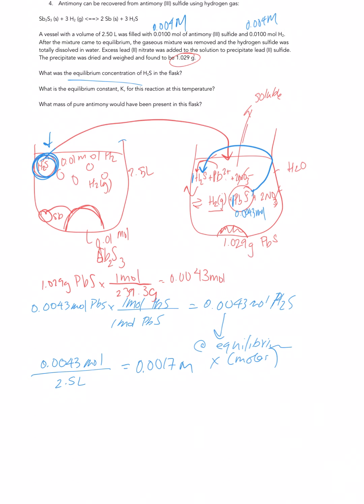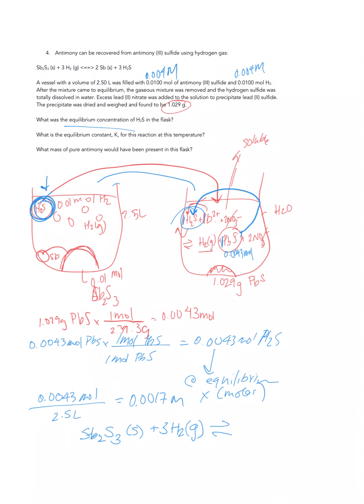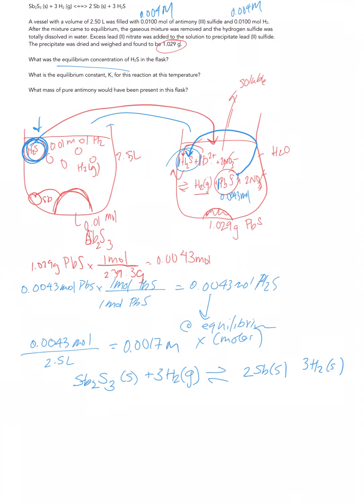Again, we've gotten what we need out of here, which is the moles of H2S, and now we have to go back to our initial flask. So our initial reaction is Sb2S3 solid plus 3H2 gas goes to form 2Sb solid and 3H2S.